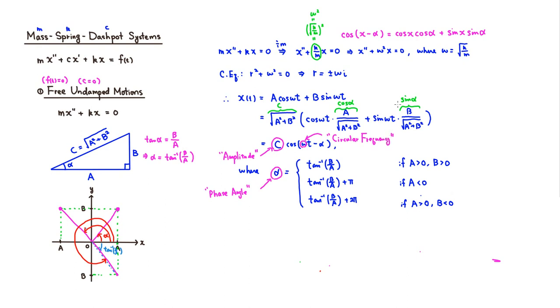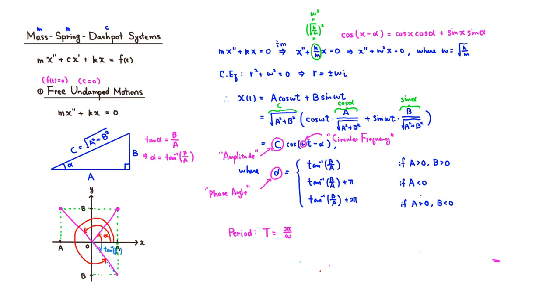Right, and there are a couple more terms, and one is called the period. The period, for which they use capital T, is simply 2 pi over omega, because if omega is 1, then the normal period of the cosine curve would be 2 pi. And there is the time lag.